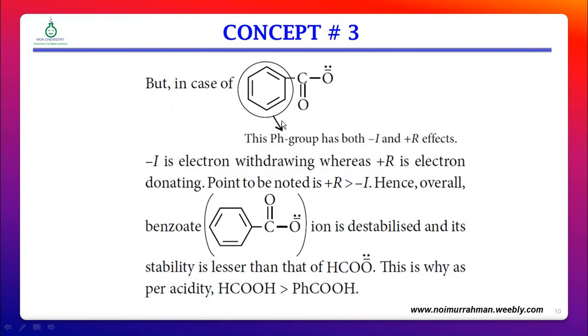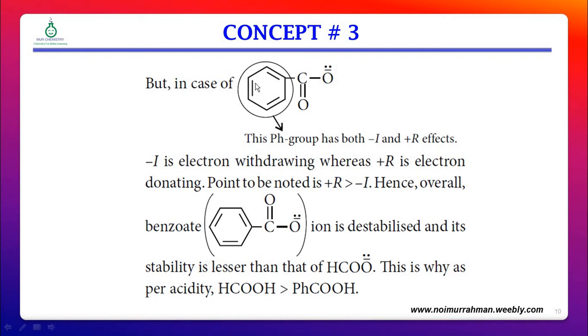But in the case of benzoate anion, this phenyl group does have -I and +R effects. And if you compare the strength of -I and +R, it's found that +R has more contribution than -I.